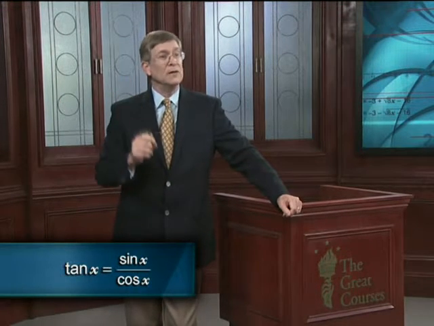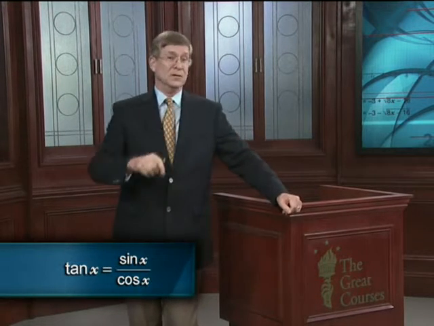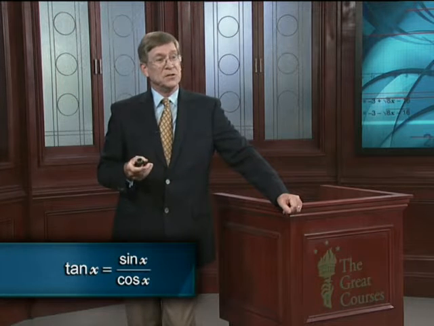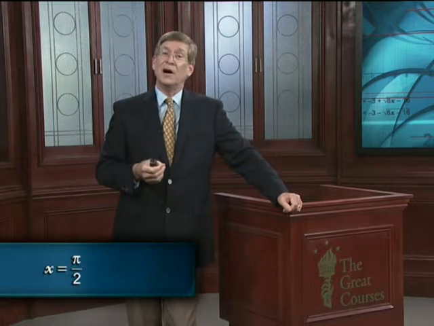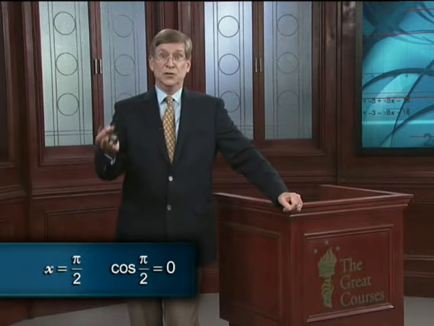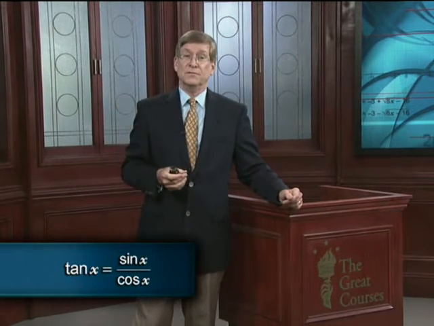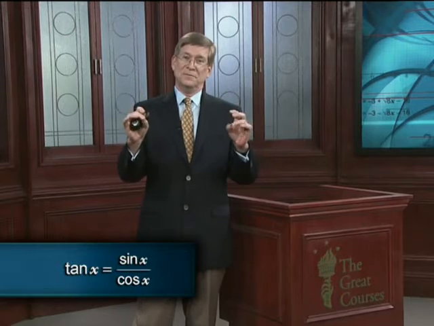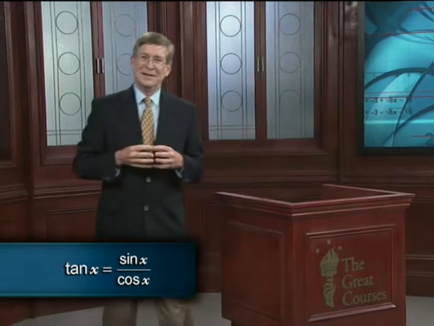There are certain values of x you cannot plug into the tangent function. In particular, if you take x to be pi over 2, then cosine of pi over 2 is 0, and the tangent's not defined. So already we have something interesting, I think. It's not defined for certain x values. In a minute, I'll list those values for you.